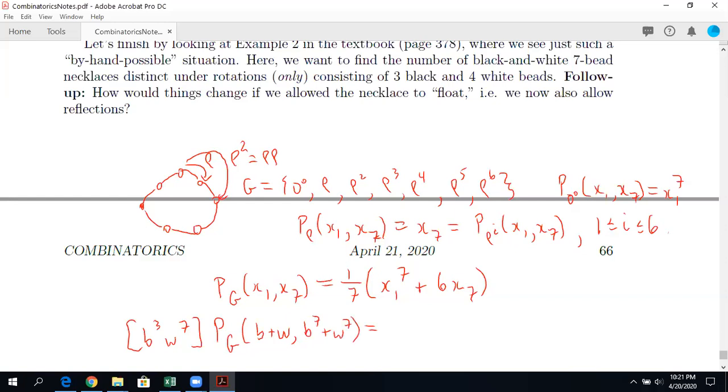So that's going to be 1/7 times (b plus w) to the 7th plus 6 times (b to the 7th plus w to the 7th), since x7 is just b to the 7th plus w to the 7th. Well, what is the coefficient of b to the 3rd, w to the 4th of that?